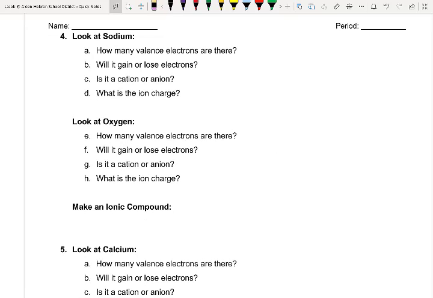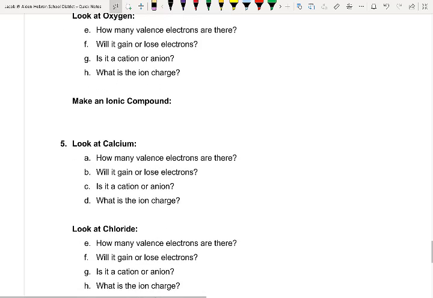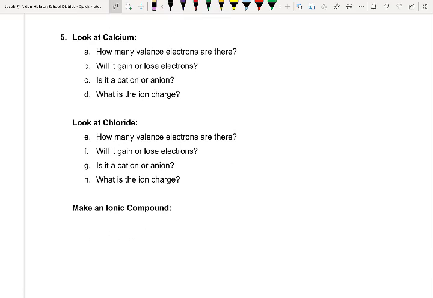Number 4, sodium and oxygen. Make that ionic compound. And the last one, number 5, calcium and chloride. Make that ionic compound.